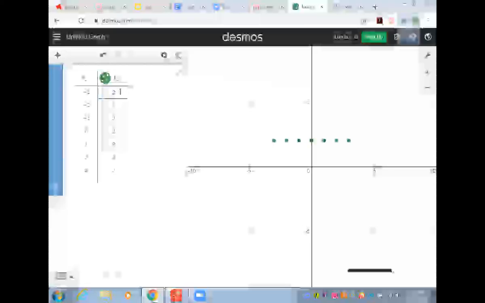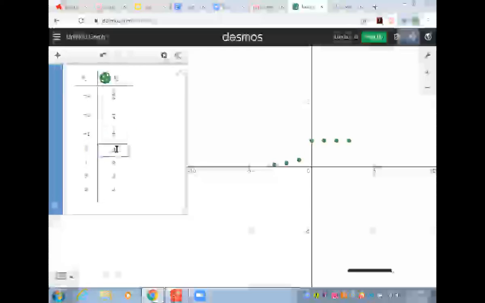I'm going to go back over here for a second where we could put in those values. So if we put those values into Desmos in our table, we can see there is a nice exponential curve. So that could help you out there.